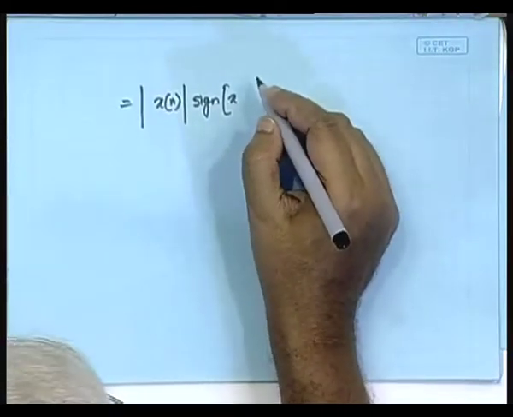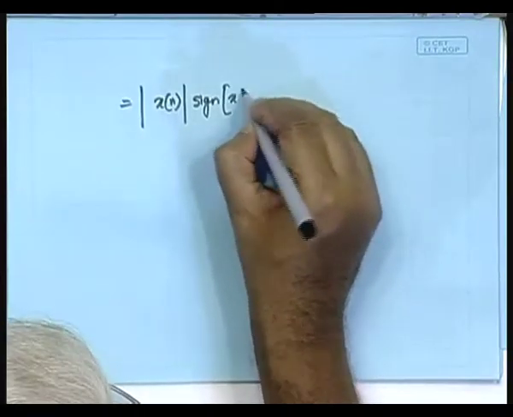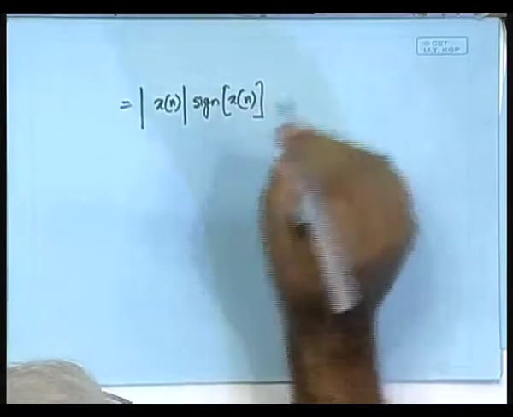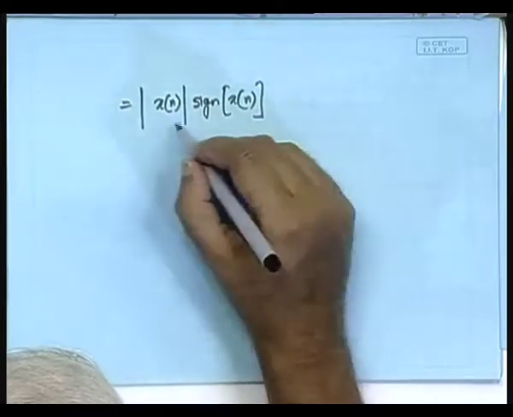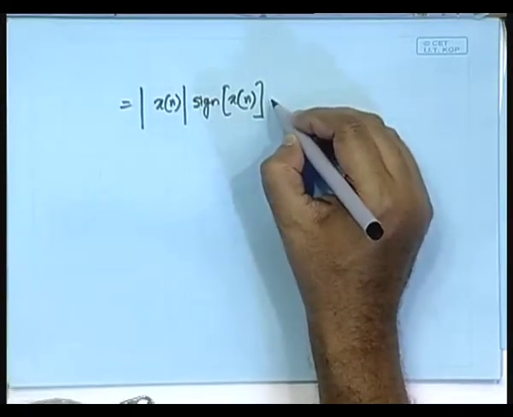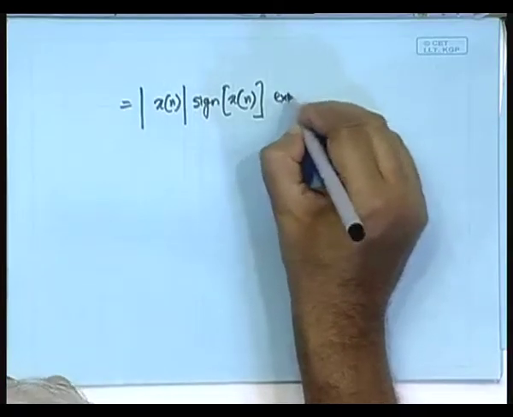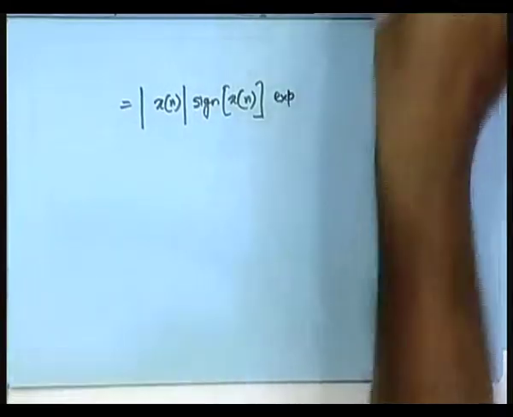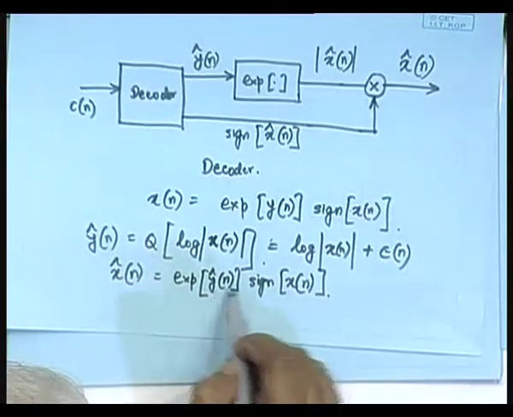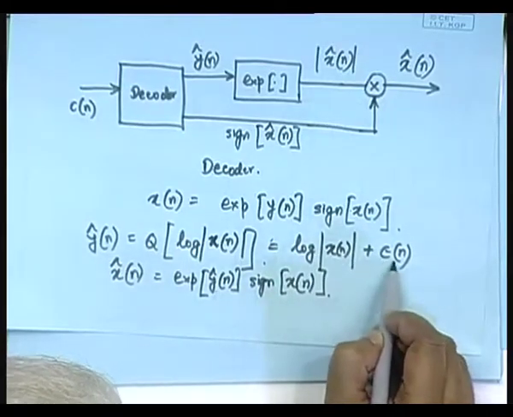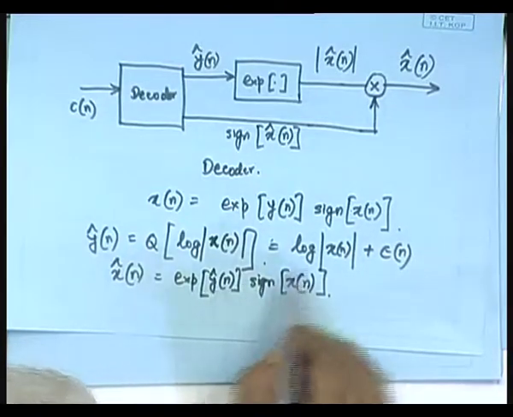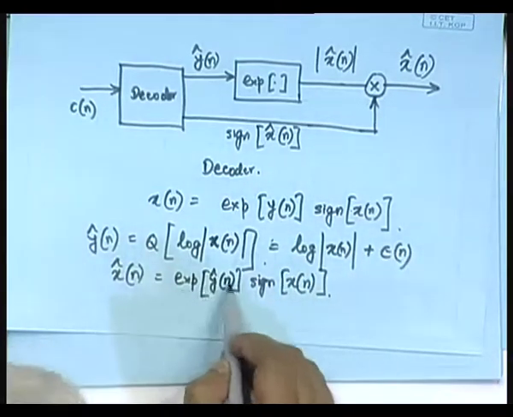So, exponential of y cap n is mod of x n into sine of x n. And because y cap of n is log of mod x n plus epsilon n, this whole quantity we have to take the exponential of.